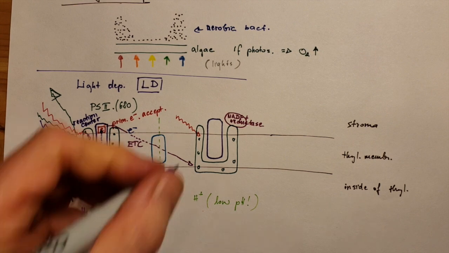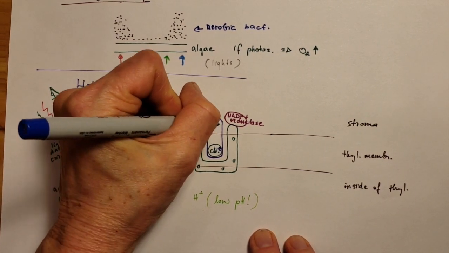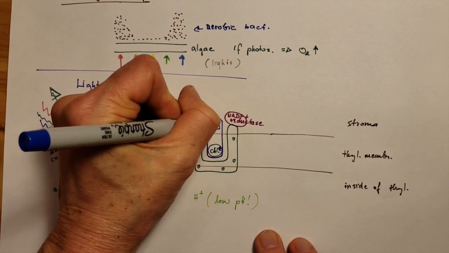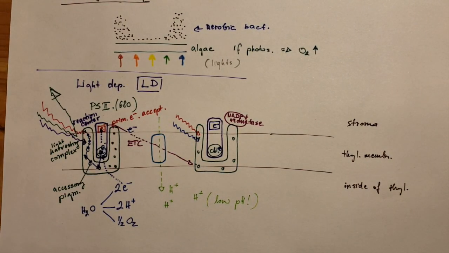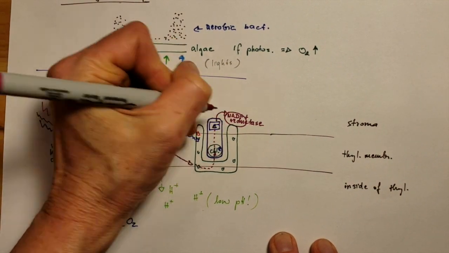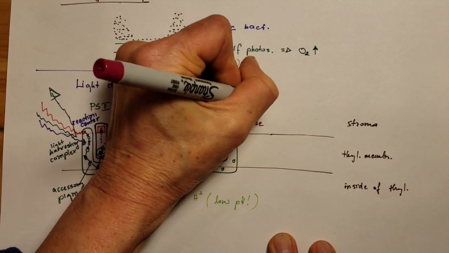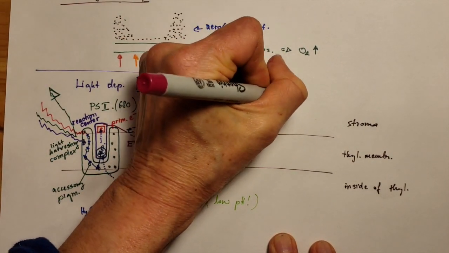Light again hits the light harvesting complex. The energy will be passed on, and the electron of the chlorophyll is going to get excited. The electron acceptor is going to accept that, and that electron is going to be replaced by the electron transport chain.